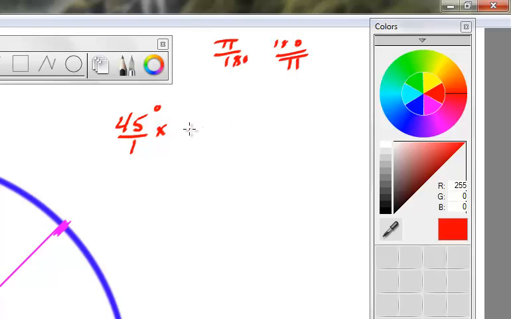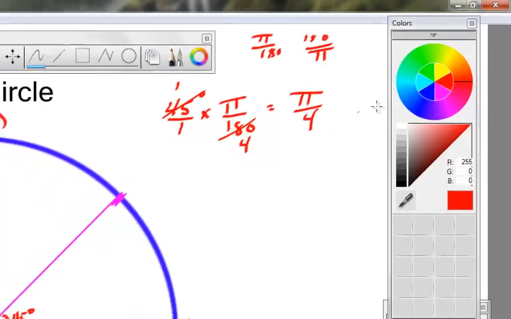So which is it? If I'm converting this to radians, it is going to be pi over 180, because I need pi to be on top. So this would cancel, and 45 goes into 180 four times. So this would be pi over 4.